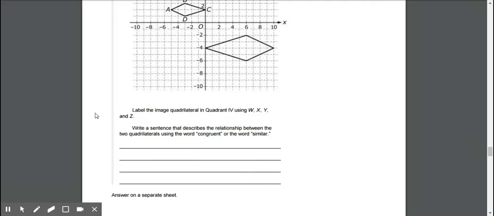Label the image quadrilateral in quadrant 4 using W, X, Y, and Z. Write a sentence that describes the relationship between the two quadrilaterals using the word congruent or the word similar. Answer on a separate sheet if you are out of space.